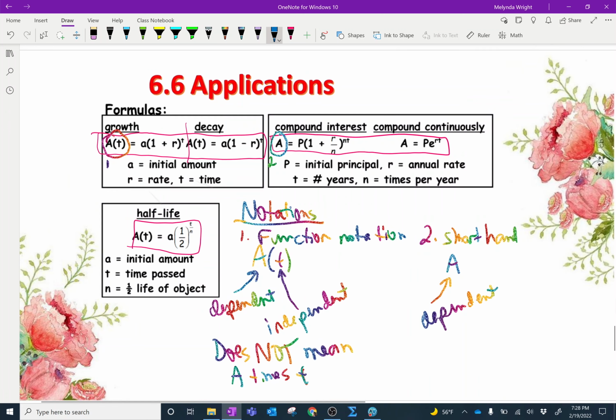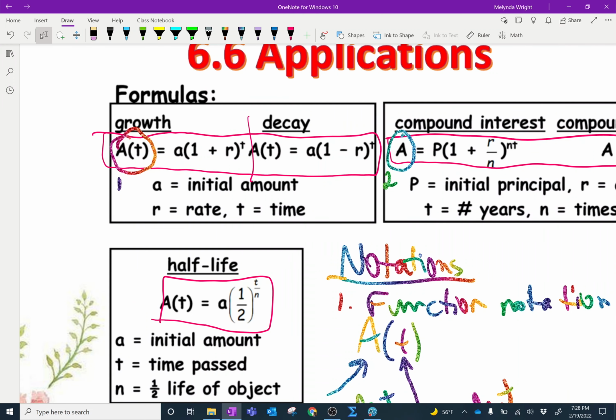Let's focus first on growth and decay and look at their similarities and differences. They look almost exactly alike. Notice that for growth we have a plus, and for decay we have a minus. That's really the only difference in the formulas. So what do we need to know about it? A is the initial amount.